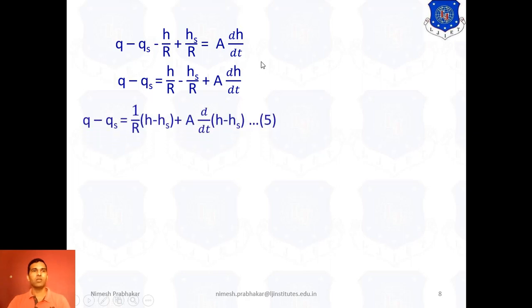Now we can also write this equation as Q minus Qs is equal to 1 by R common, H minus Hs, plus A d by dt of H minus Hs. Here H is also represented in deviation form, as H minus Hs.